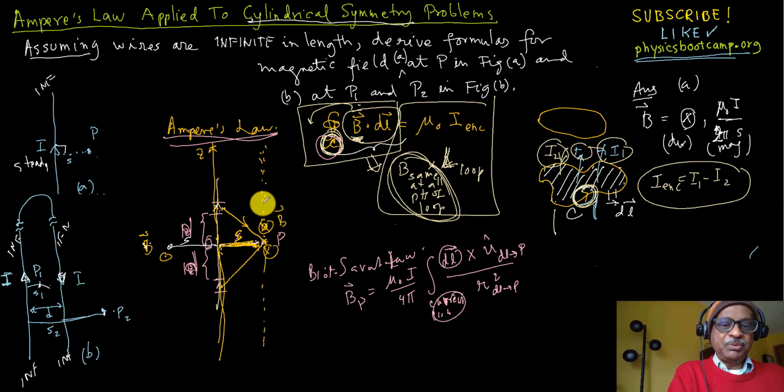This P and this P are an identical situation, because this current-carrying wire is going to infinity. So I can just displace along z.